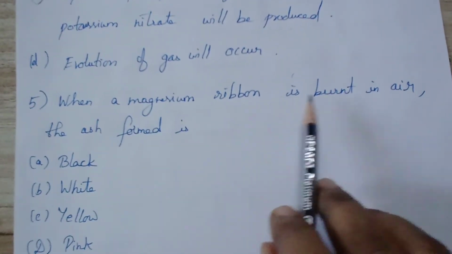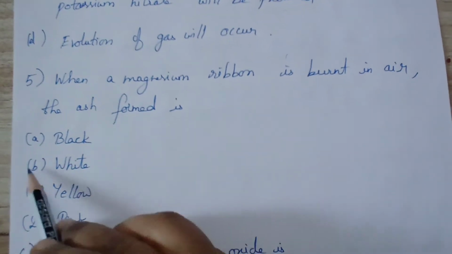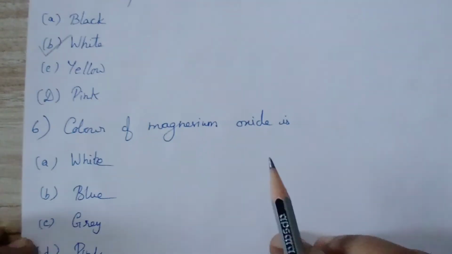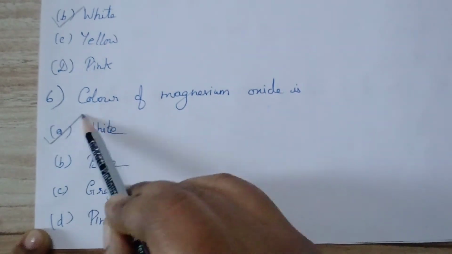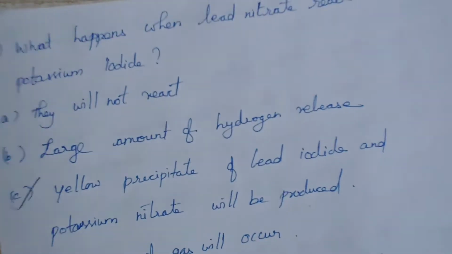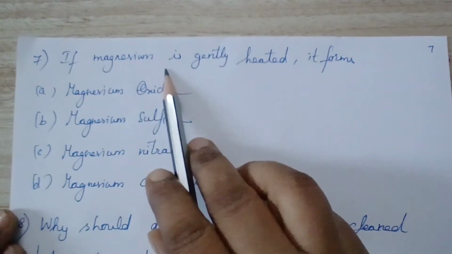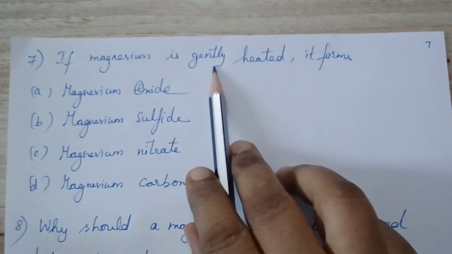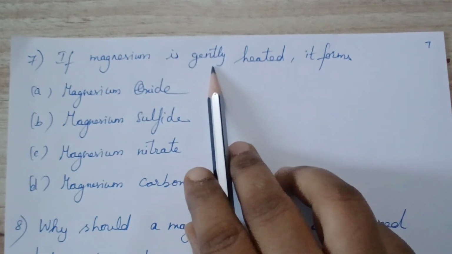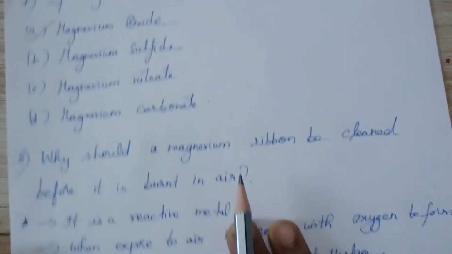When a magnesium ribbon is burnt in air, what is the color of the ash formed? White. The color of the magnesium oxide is white. If the magnesium ribbon is gently heated, what is formed? Magnesium oxide is formed.